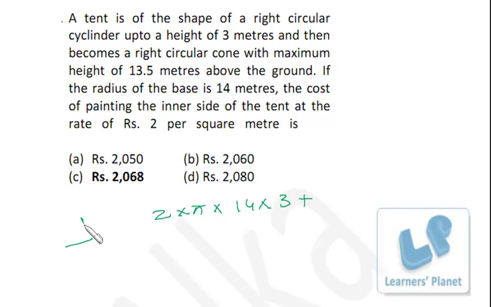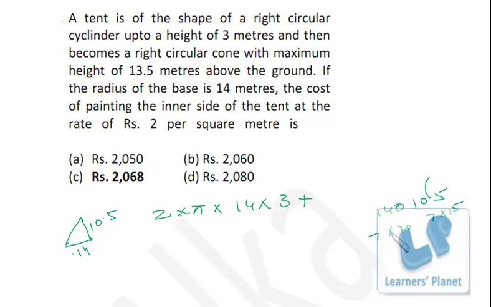In this case the height is 10.5 and the base radius is 14, so we have to calculate the slant height l. Let me see whether we get a Pythagorean triplet. 14 and 10.5 is 7 into 20, 7 into 15.